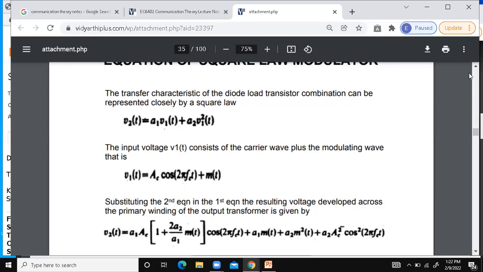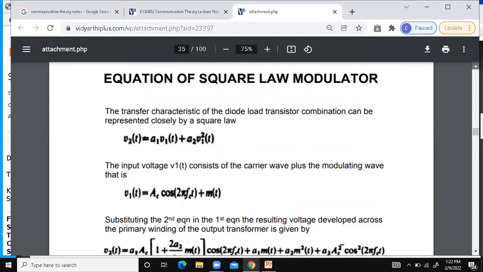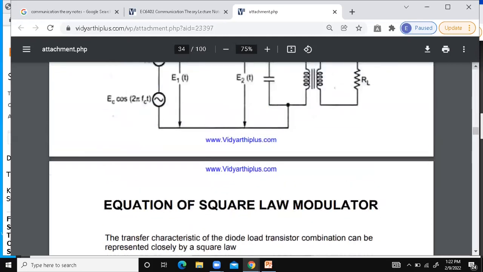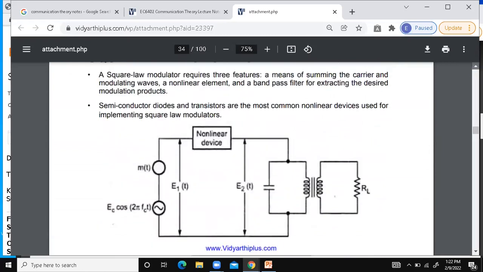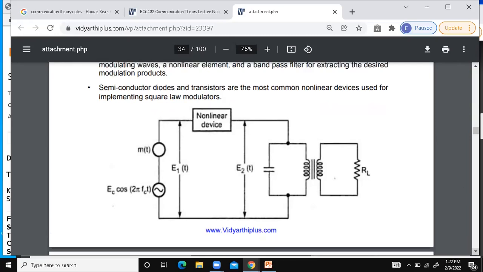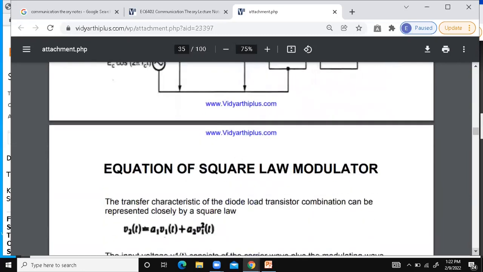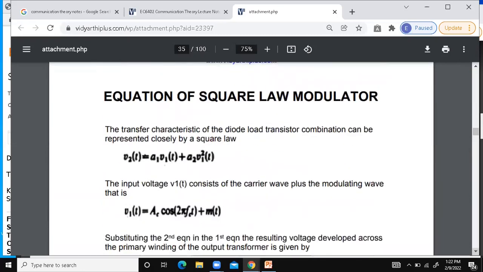Now, I made a statement here that we are comfortable with the use of semiconductor diodes and transistors. Right? And no one said anything.